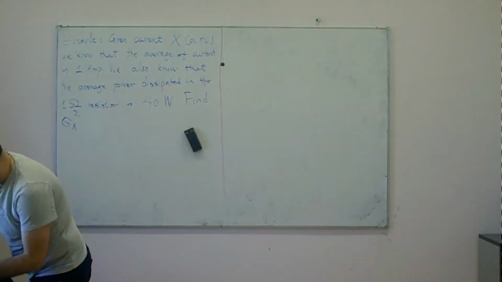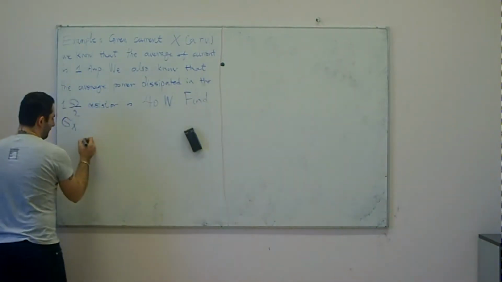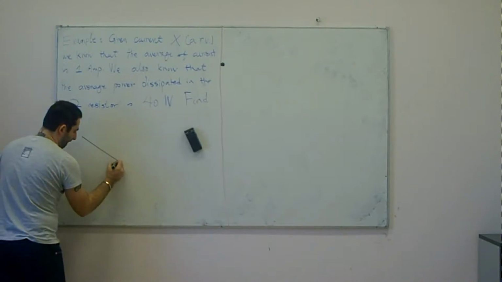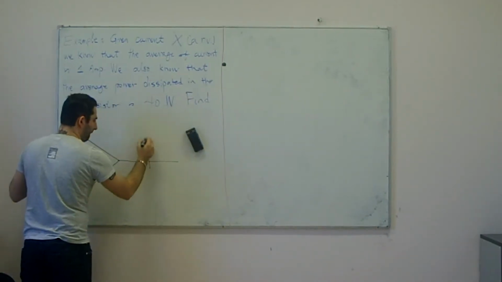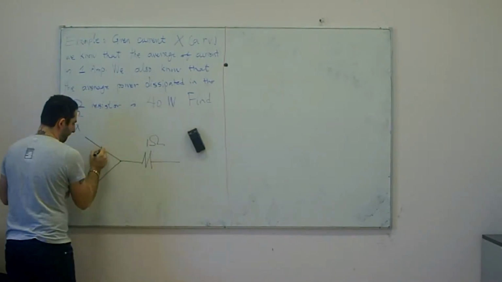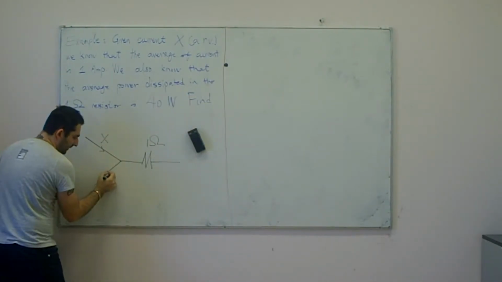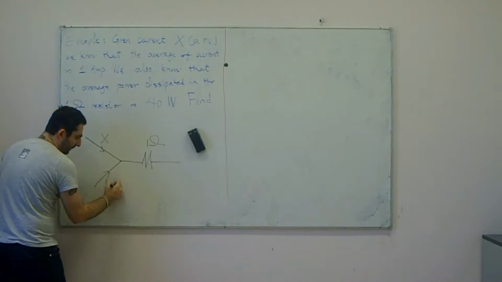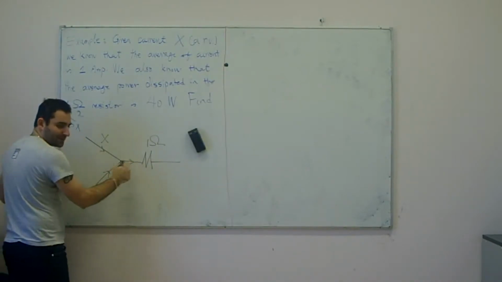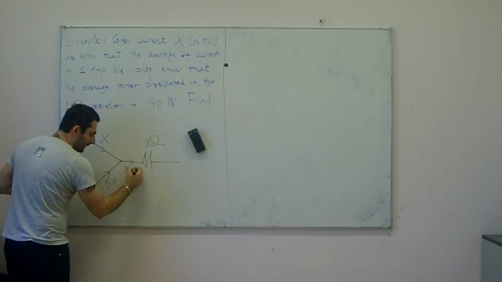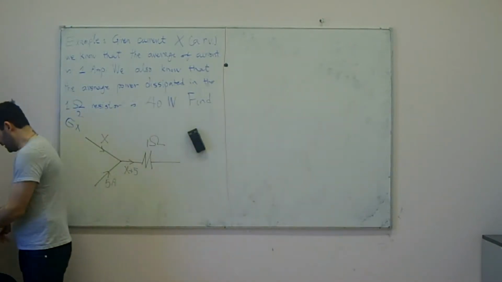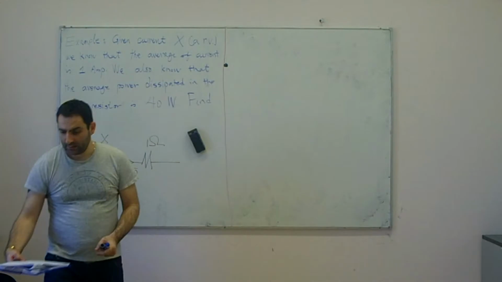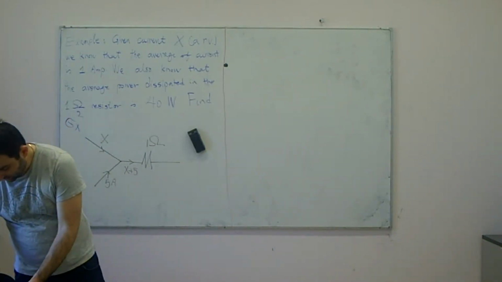And what we know is this. This is the current x. This is 5 ampere. So the current which passes through this branch is x plus 5. If we know all the values, we don't need to know electrical engineering or KCL in order to find out the values.